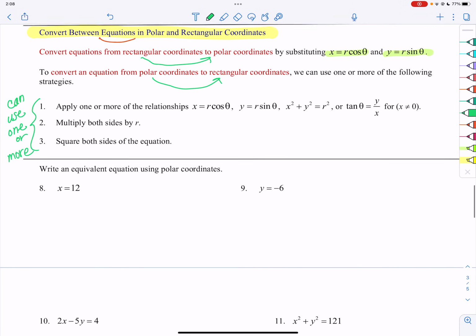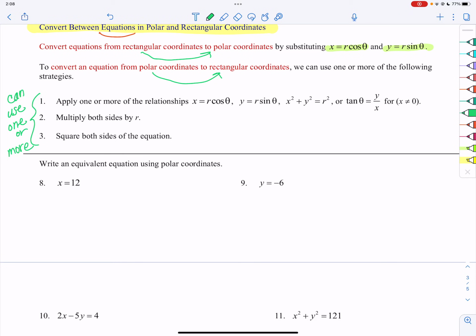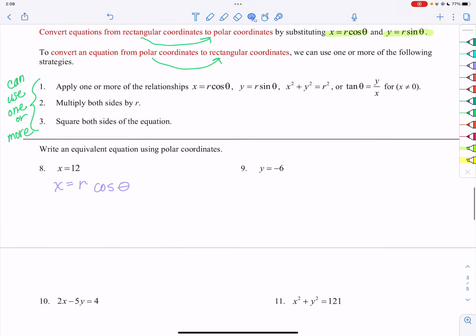Okay, so let's go ahead and give this a try. We're going to write an equivalent equation using polar coordinates. So what we have is x equal to 12. So we have r cosine of theta. That's what x is equal to. So what does that mean?